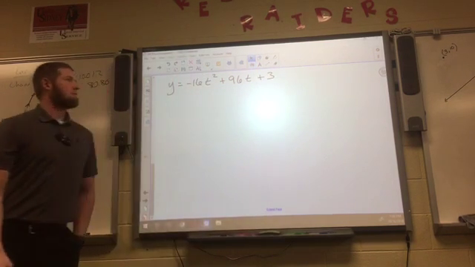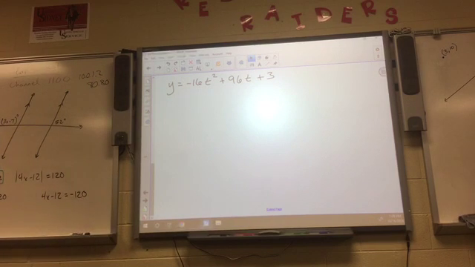Okay, so there's our function. They want us to find the maximum height and then figure out how long it takes the ball to hit the ground. Well, we know the maximum height of a parabola is going to be found where?